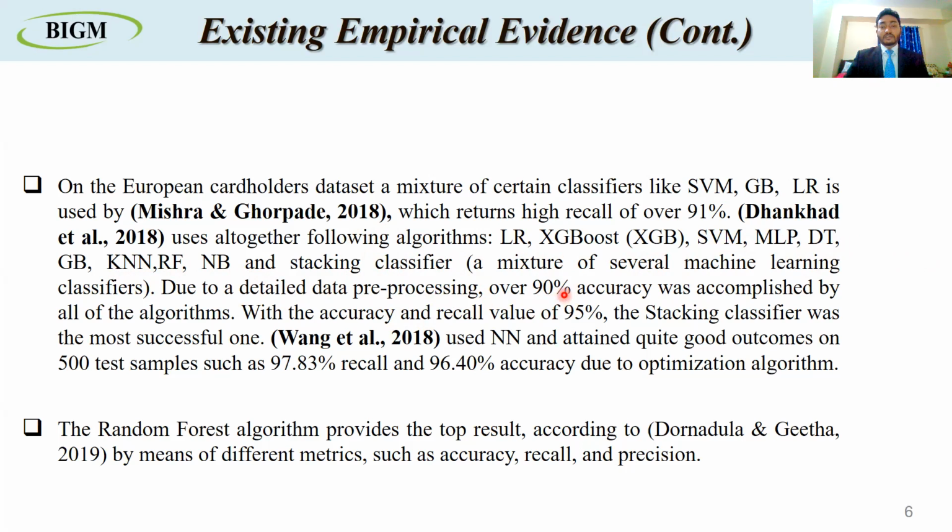With the accuracy and recall value of 95%, stacking classifier was the best classifier among those. Wang and others in 2018 used neural network and gave 97% recall and 96% accuracy due to some optimization algorithms they used. The random forest algorithm provides the top result according to Dornadula and Gita in 2019 by means of different metrics such as accuracy, recall, and precision.